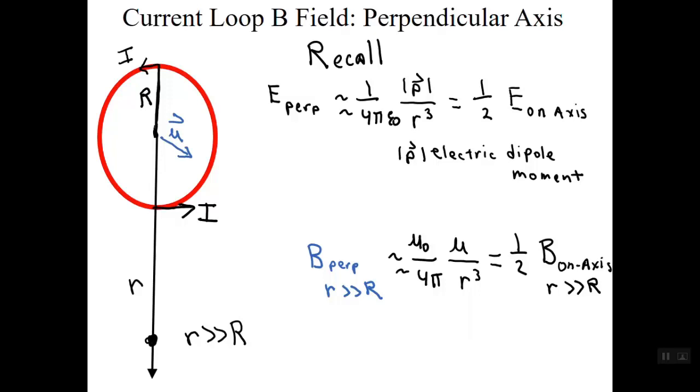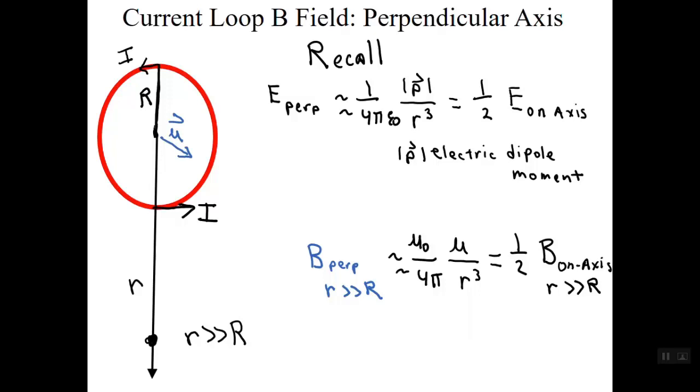That is, if we are at a given distance small r from the current loop, the magnetic field on a perpendicular axis is 1/2 that of the magnetic field on axis at the same distance small r from the loop. Again, remember, small r is much larger than capital R, the radius of the loop.